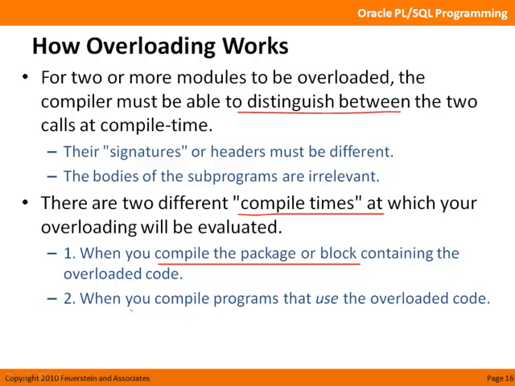But the most important part is when you try to use the overloaded programs, Oracle will compile them, and at the time of compilation, it will look at your call to your program and the parameters, and it will try to match it to one of the subprograms with the same name. And if it can find a match for that program name, for the type of usage, function or procedure, and the number and types of parameters, then it will be okay. If it can't figure out which one to use, then it will give you an error.